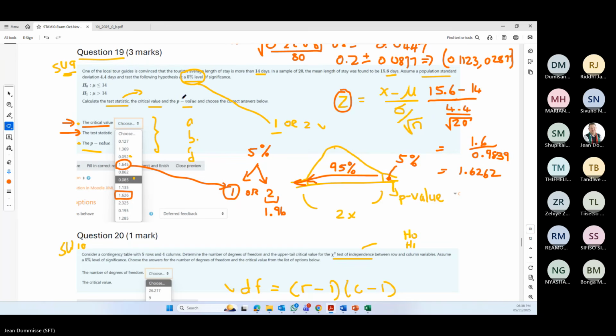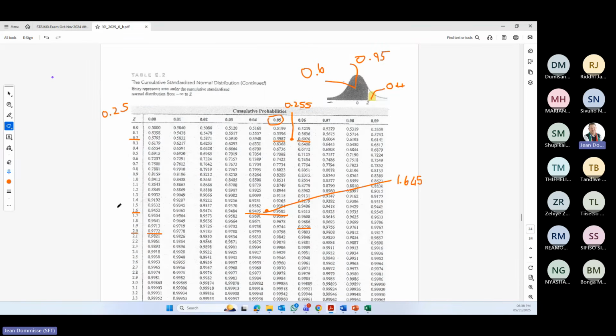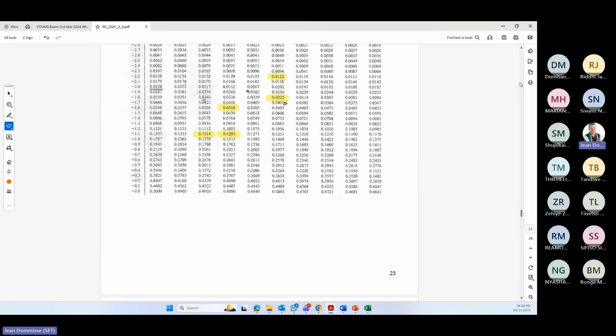Okay, then p-value is linked to this one that you worked out. So let's round it off to 1.63. So 1.63. So now instead of going to the positive, I want that small value. Let's go to the negative table, minus 1.63, 0, 1, 2, 3, 0.0516.